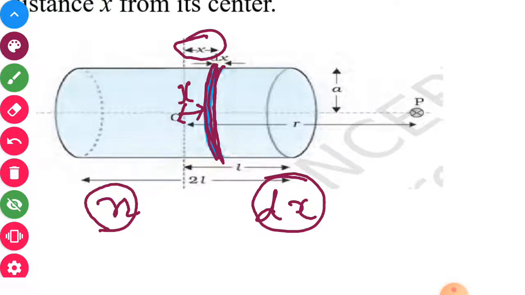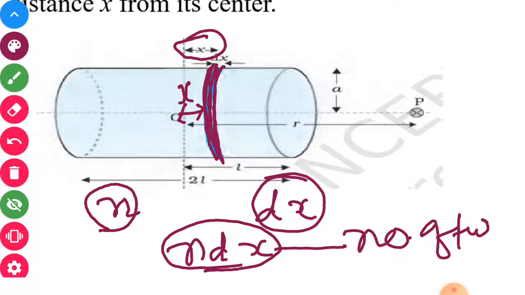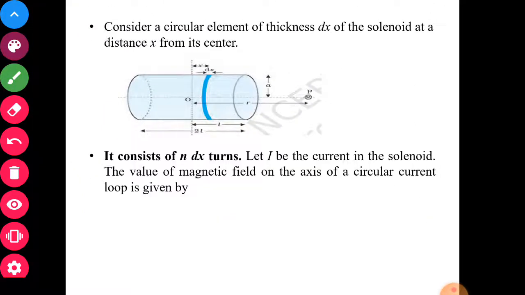The number of turns in this blue marked region of width dx must be n into dx. It consists of n dx turns.